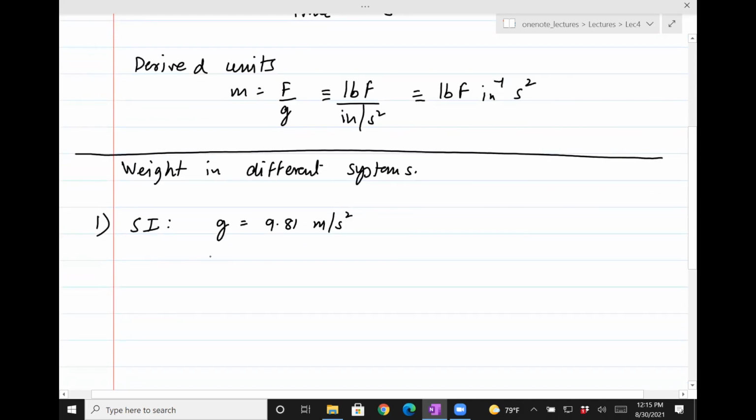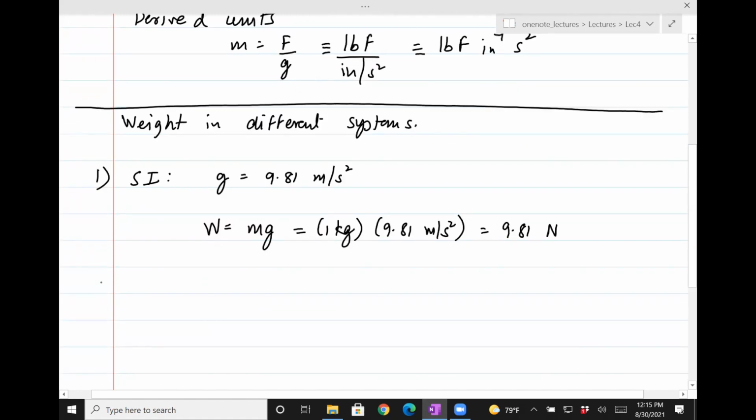And so if you want to find the weight, that's mass times gravity, which is equal to, well, mass, let's assume that mass is 1 kg, gravity is 9.81 meters per second square. And so the value for weight of, say, 1 unit, in this case, 1 unit is 1 kg, is 9.81 kg meters per second square, which is also denoted as newtons.